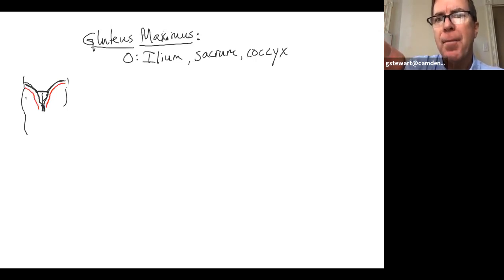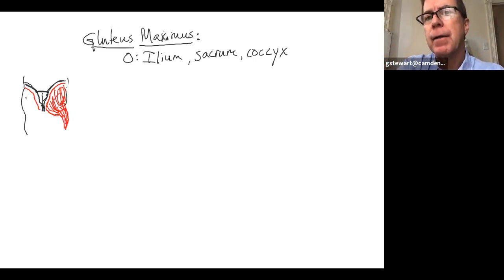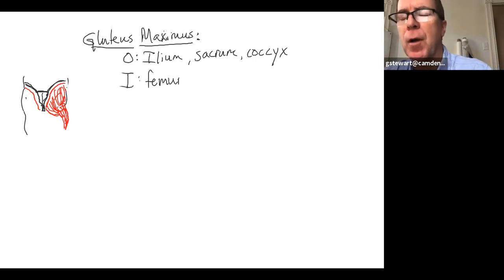And then it sort of wraps across the buttocks region like this, and it inserts on the lateral side of the femur. I'm just going to write femur for insertion. Sort of the midline lateral side of the femurs, but let's just write femur. This controls all sorts of upper leg movement and leg movement in general.